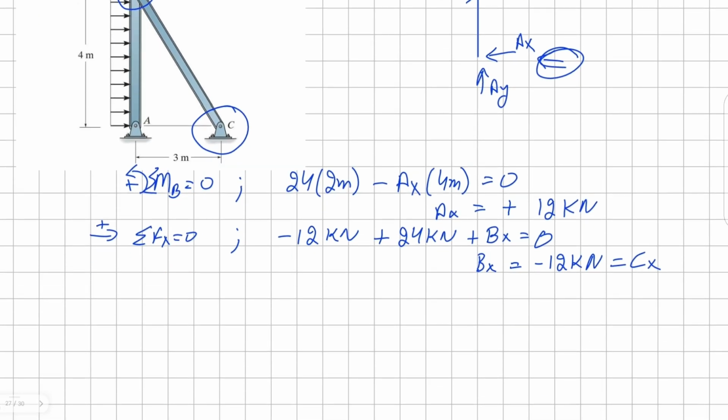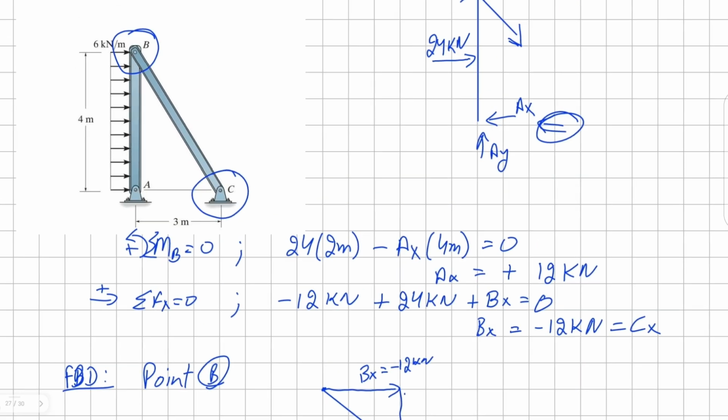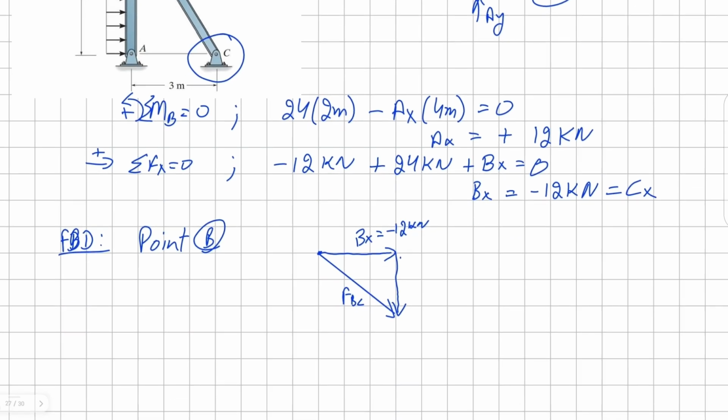For that, we'll need to draw our free body diagram for point B. At point B, we know that we have already found our horizontal component, Bx, which we found out to be negative 12 kilonewton. We don't know our vertical component. We don't know our diagonal reaction, FBC. But we do know the dimensions of the structure, therefore we can find the angle.